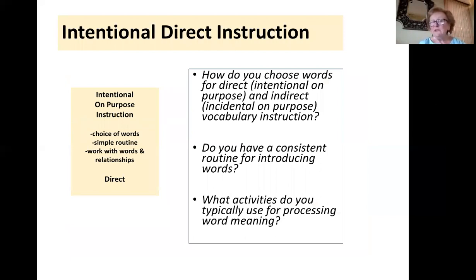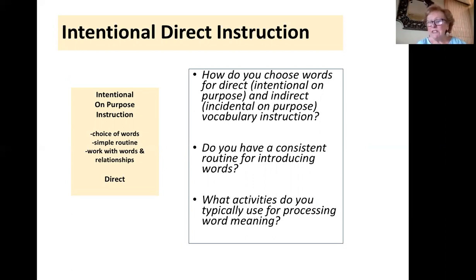Well, how do you choose words for direct, intentional, on purpose, and indirect, incidental, on purpose vocabulary instruction, right? Because while we're going to directly teach words, we need to be cognizant of the fact that we need to give our students as many opportunities. We need to surround them with word meaning, with language. We have to ask ourselves about a consistent routine.